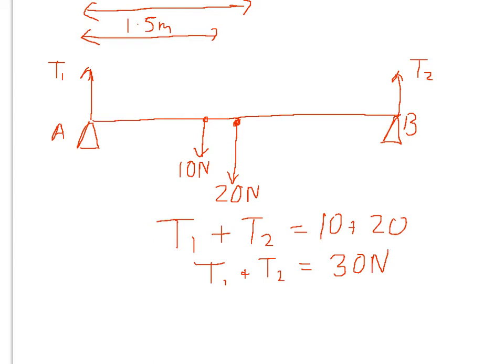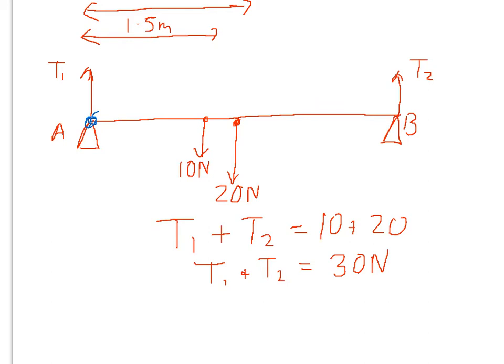Firstly, we want to find out one of either T1 or T2. Now, the only way to do that is to find moments about either A or about B. Because if you find moments about A, you're going to get rid of T1, because the perpendicular distance between A and T1 is 0, and 0 times anything is 0.